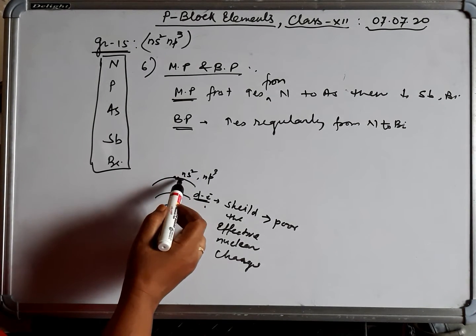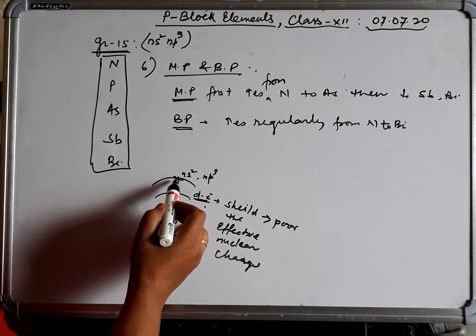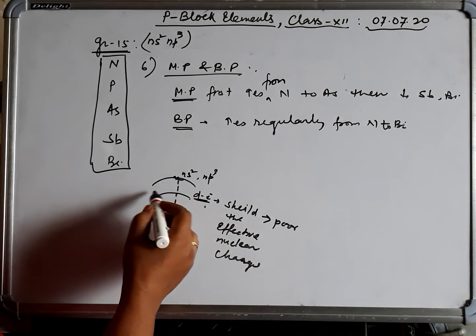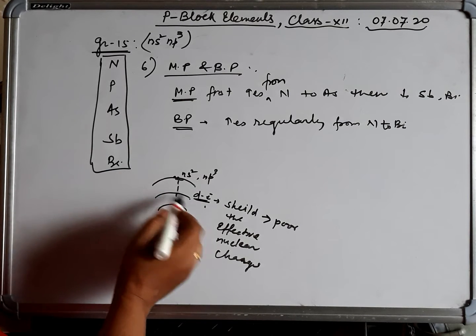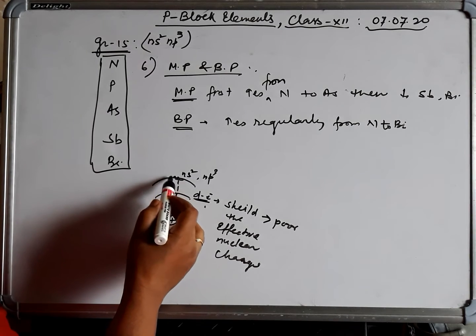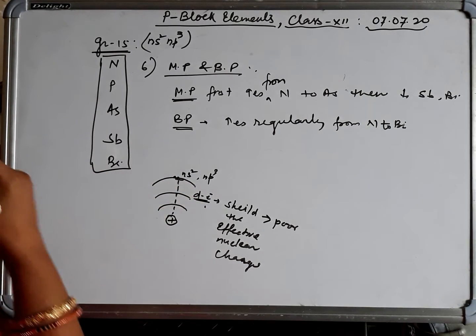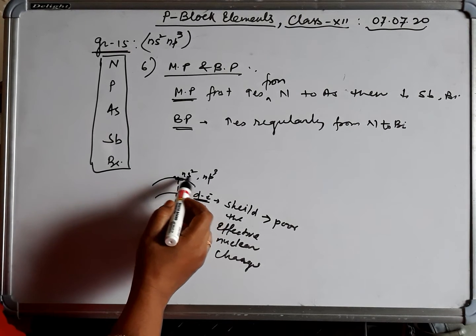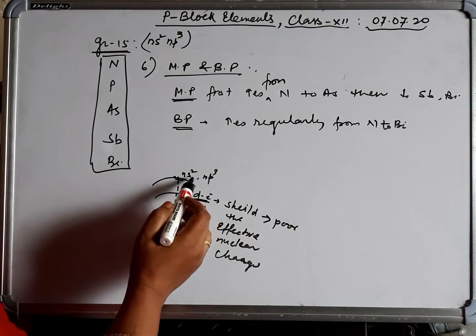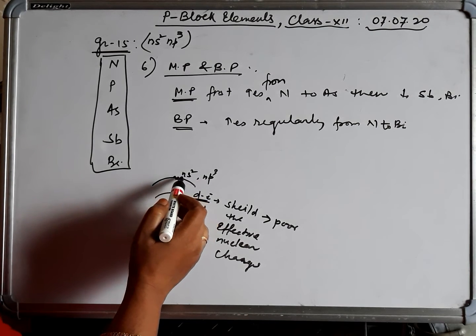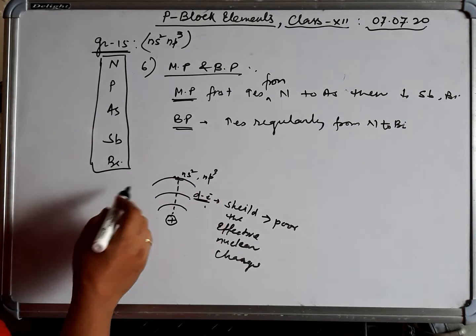In that condition, this pair of electrons is strongly pulled by the nucleus due to the poor shielding effect of d electrons or f electrons in antimony or bismuth. So this pair of electrons does not participate in bond formation. It is better for bismuth to form three covalent bonds rather than five.